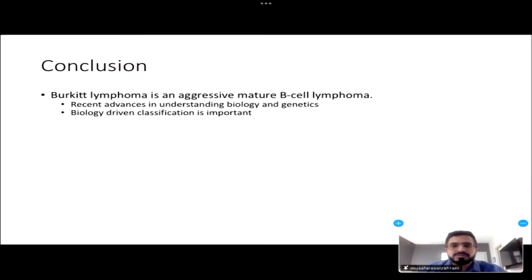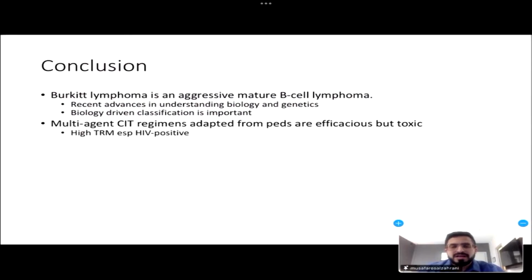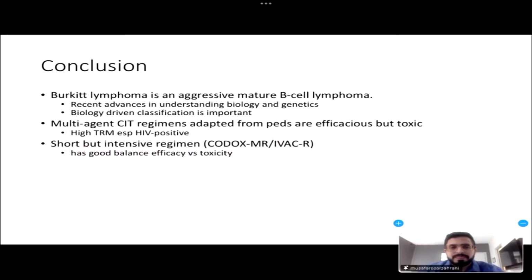Just to conclude, Burkitts lymphoma is an aggressive mature B-cell lymphoma. There have been recent advances in understanding its biology and genetics. Biology-driven classification is important rather than geography-driven classification. Multi-agent chemotherapy regimens adapted from pediatric protocols are efficacious, however toxic, especially with treatment-related mortality in patients with HIV positivity.